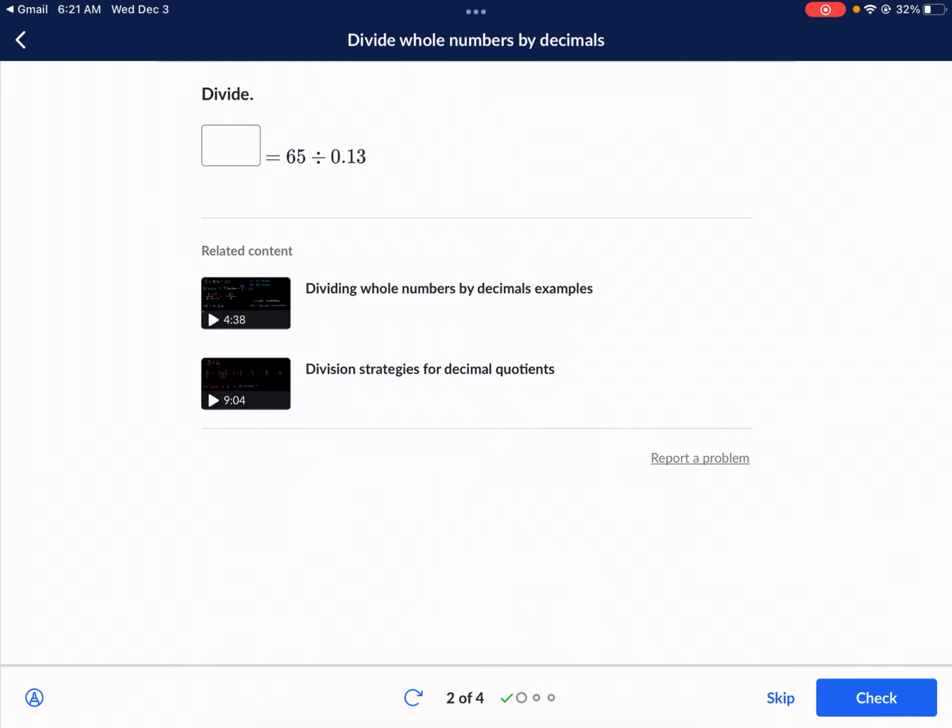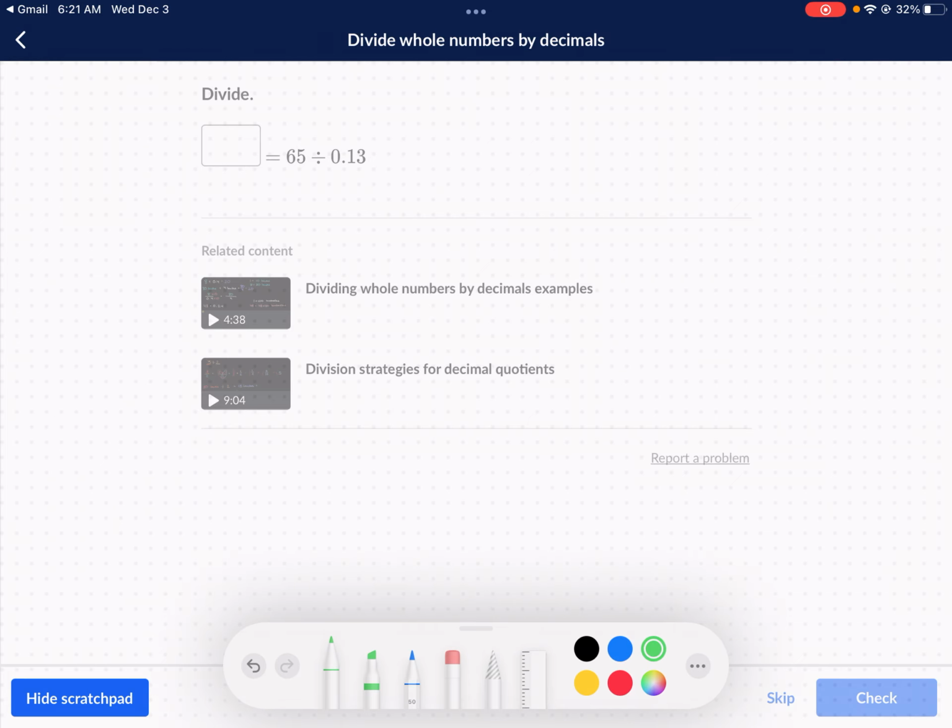Okay, so now we have 65 divided by 13. So let's formalize this process. So step 1, we want to change the divisor to a whole number. Okay, so what I'm going to do here is I'm going to move the decimal.